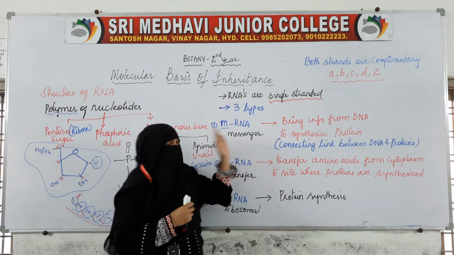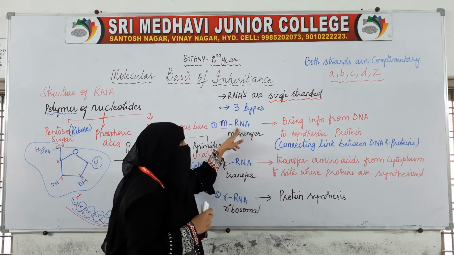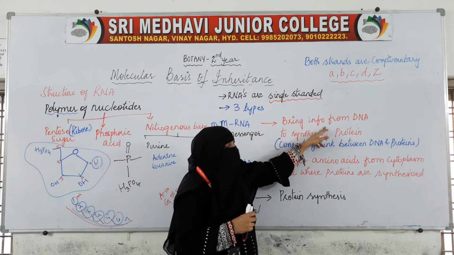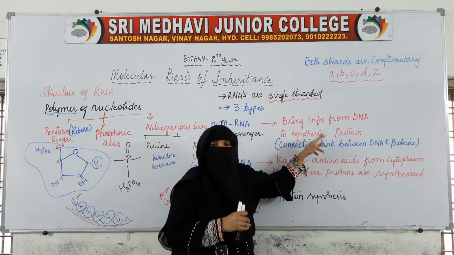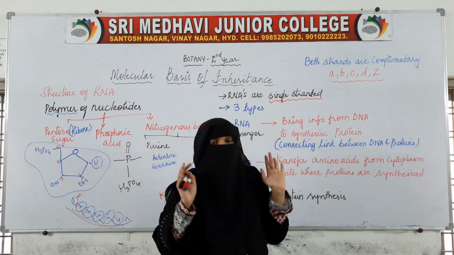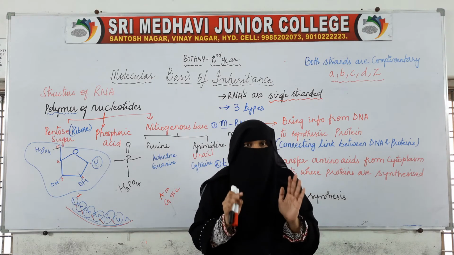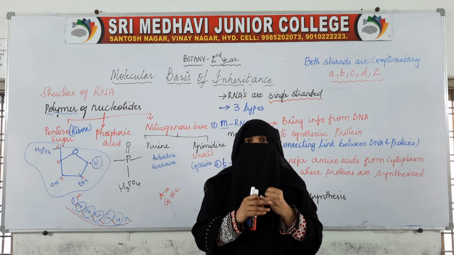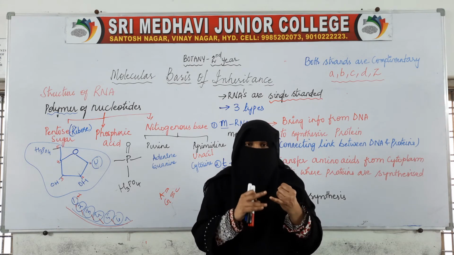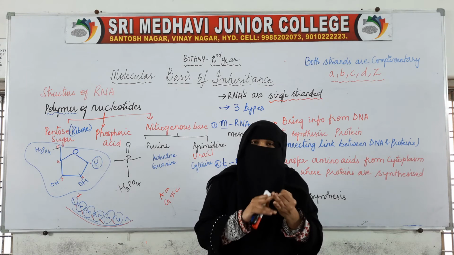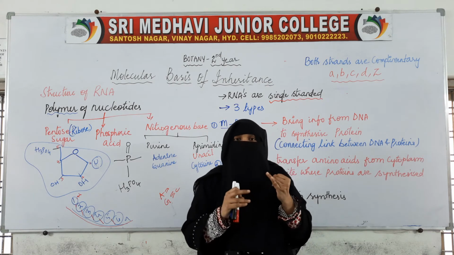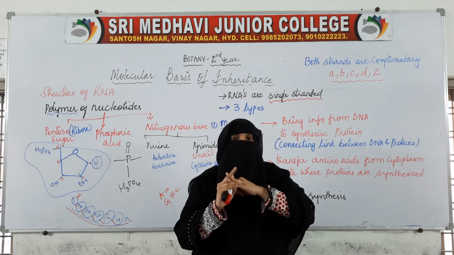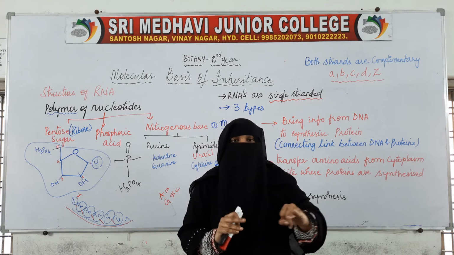Now coming to the function, what do they do? This mRNA brings information from DNA to synthesize proteins. Our body needs proteins to function. Different activities are going on in our body: excretion, respiration, digestion, circulation. All these functions are carried out in our body, and to carry them out our body needs proteins.